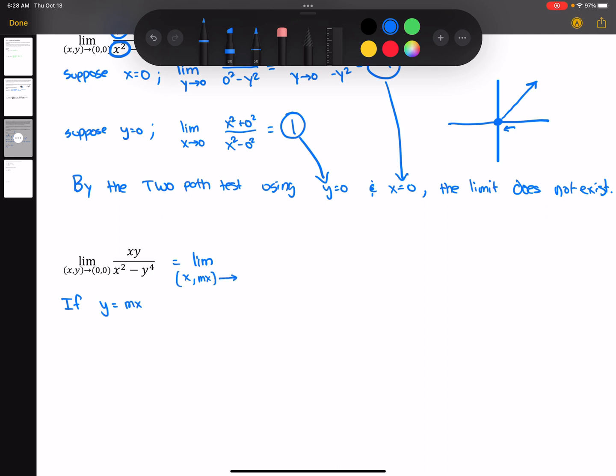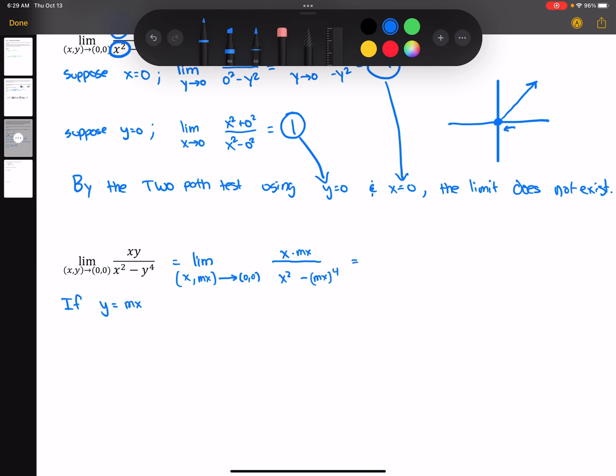So then as the point approaches 0, 0, we would have x times mx over x squared minus mx to the fourth.